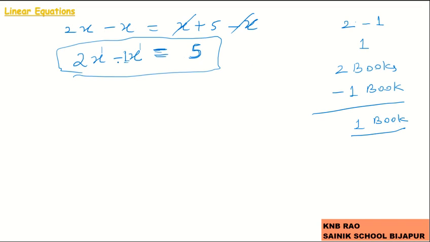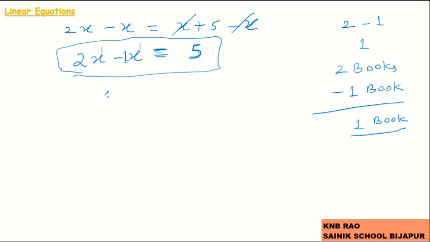So here the variable tells some number or some object, as I have taken here. In the mathematical sense it tells about a number. So 2 into that number minus 1 into the same number gives 1 into that number only. In this way you can easily understand. So 2 books minus 1 book is 1 book, or 2 caps, from them if you take away 1 cap you will have 1 cap left over.